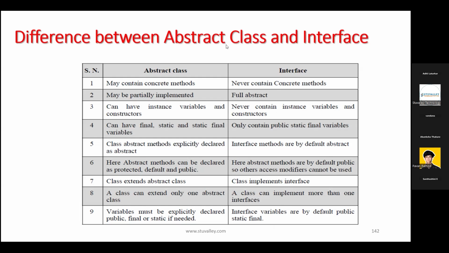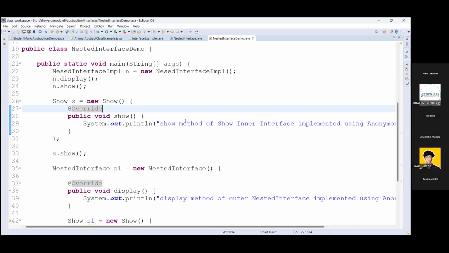So how you can achieve multiple inheritance through these interfaces, that we will see. So what was the problem? That is the diamond access problem.